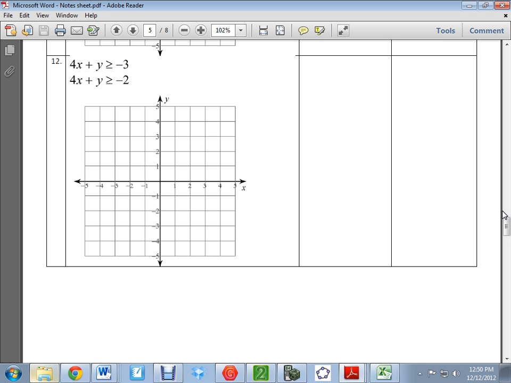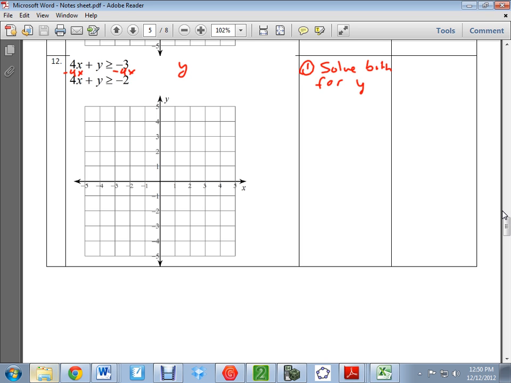So number 12 here, we want to go ahead and solve both equations. We want to solve them both for y. So how do I solve the first equation? What do I have to do to it? All right, I'm going to subtract 4x from both sides.